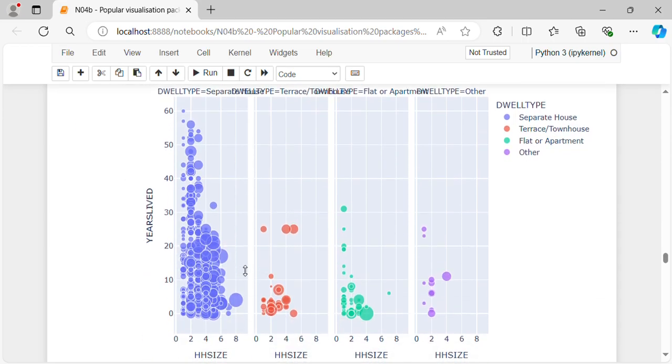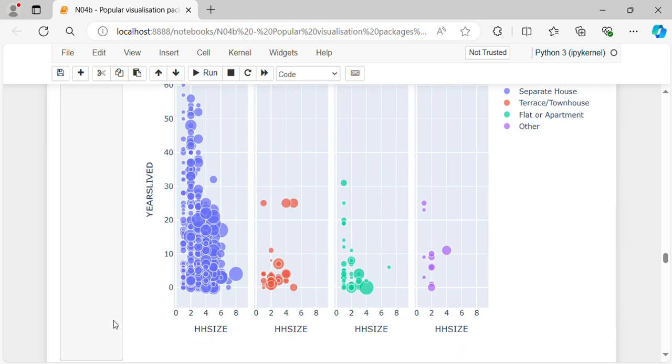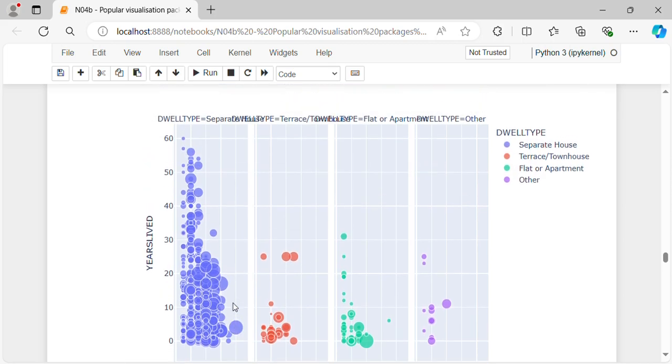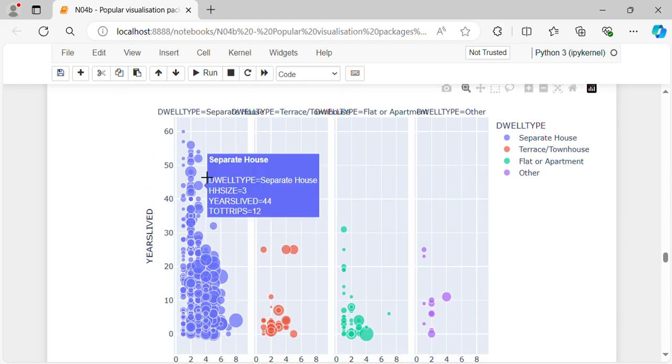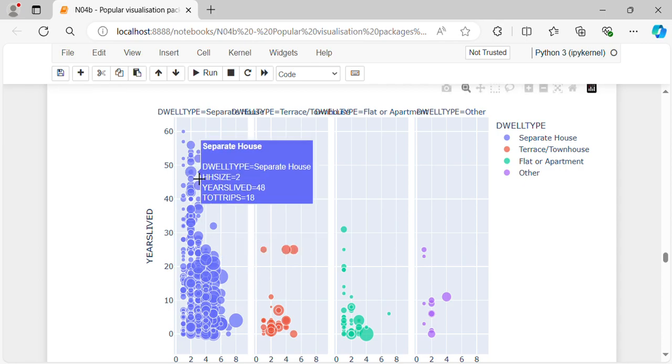So we have the plot. We can see that the x-axis is labeled household size, and the dwell type is for each of the facet columns.